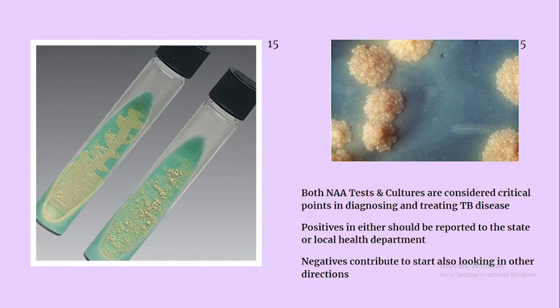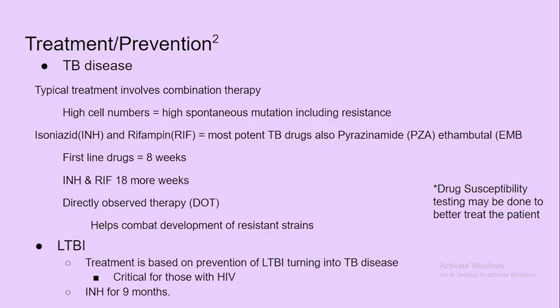And a negative might be critical in starting to look in other directions other than TB. Okay, so as far as treatment and prevention, if you have TB disease, a typical treatment involves combination therapy.